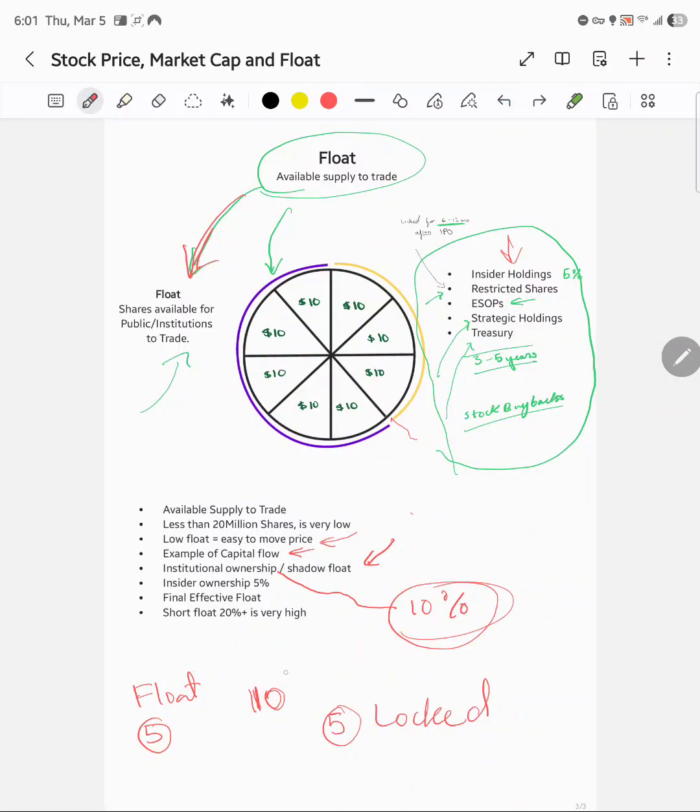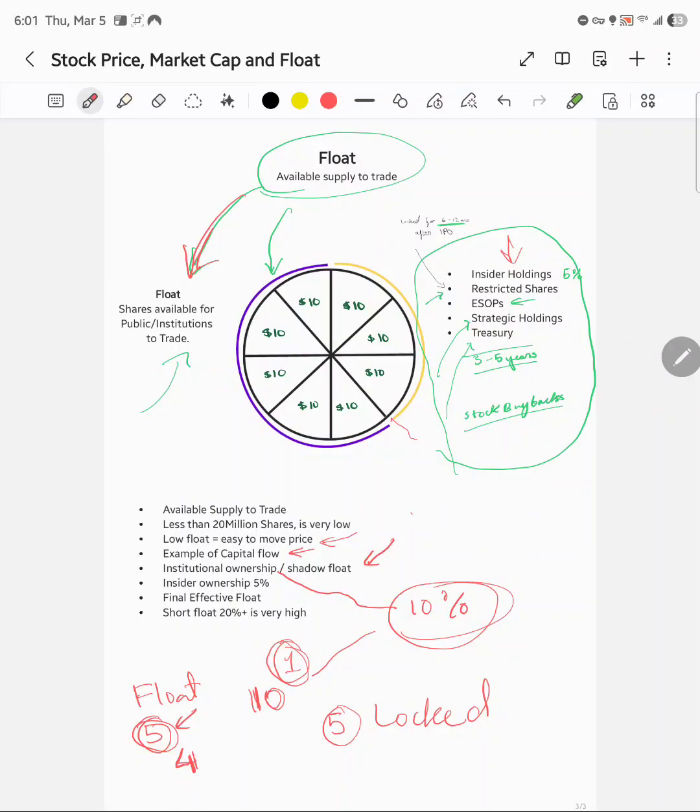Okay? That means they own 1 share of the total. And let's say if they own 1 share, the float is 5, they own 1. So we're going to really think that the float is 4. Now the brokerage is going to show you 5 and institutional ownership is 1.